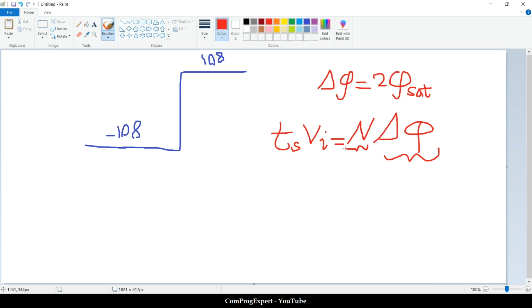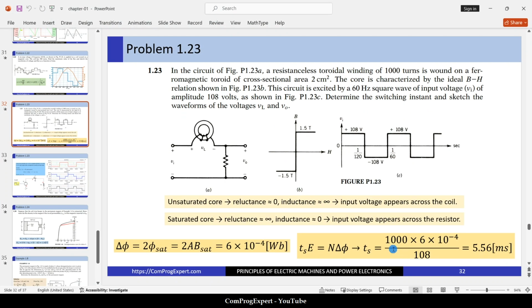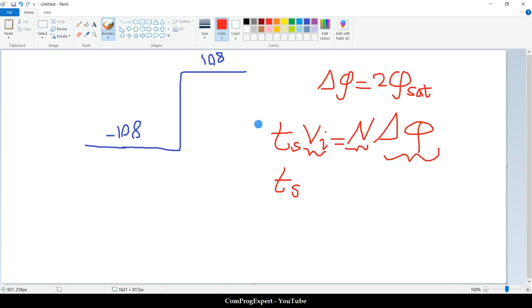So we have delta phi, we have N, we have Vi, we can calculate the switching time Ts. So here, as you can see, we calculated the switching time equal to 5.56.